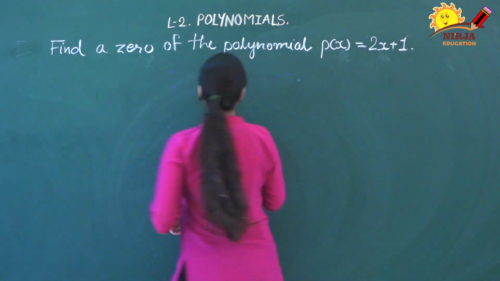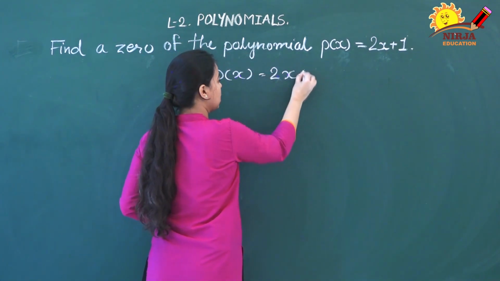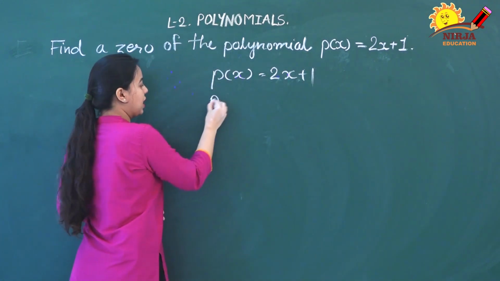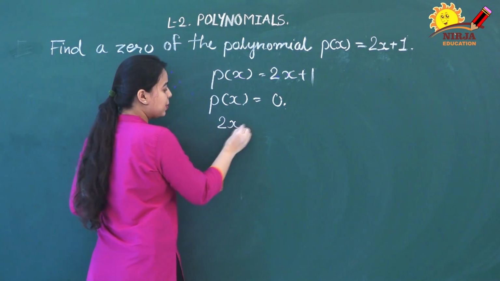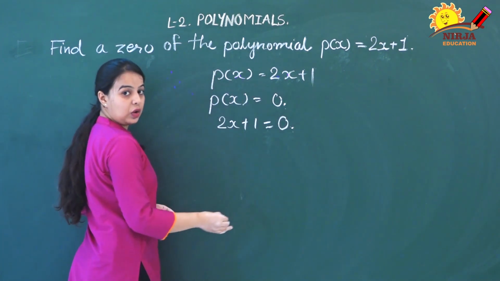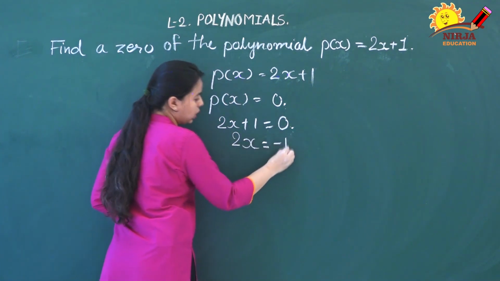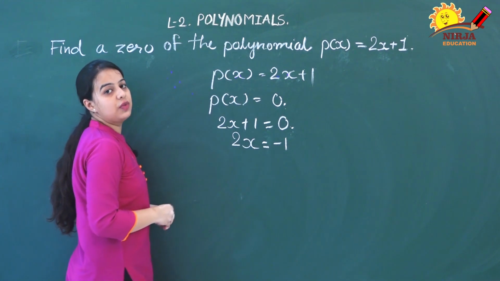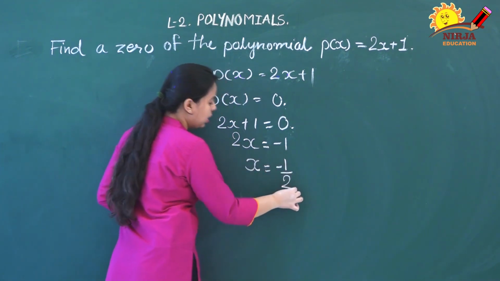Let's take p of x is equal to 2x plus 1. Suppose p of x is equal to 0, then 2x plus 1 is equal to 0. If we solve it further, 2x is equal to minus 1, and if we find the value of x, then x is equal to minus 1 by 2.